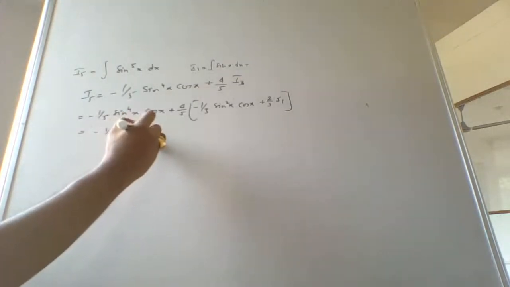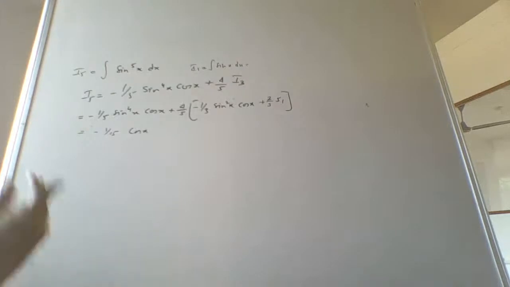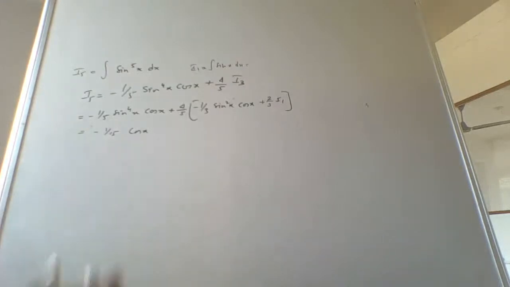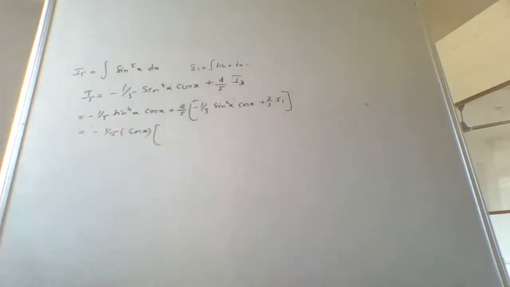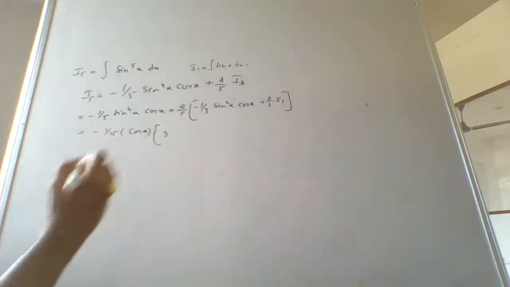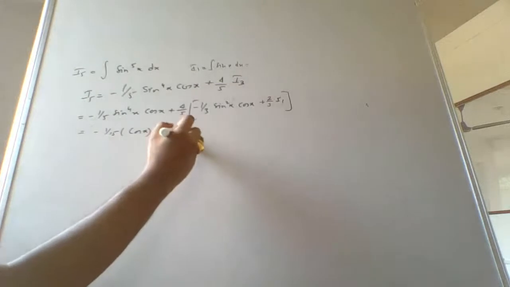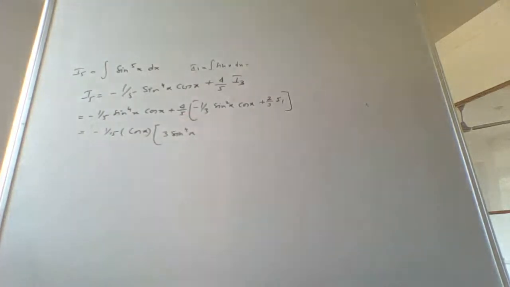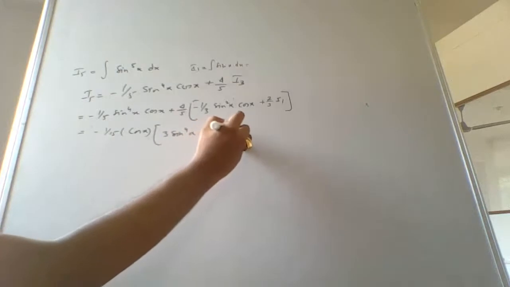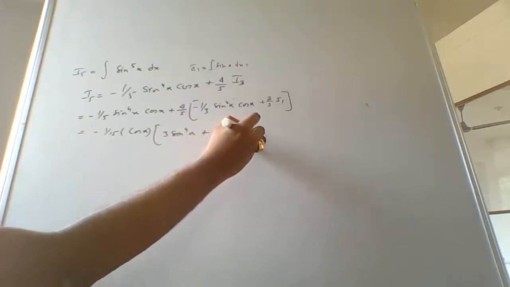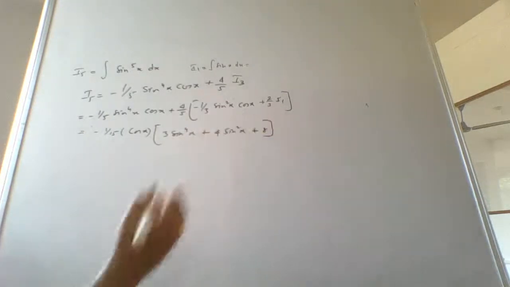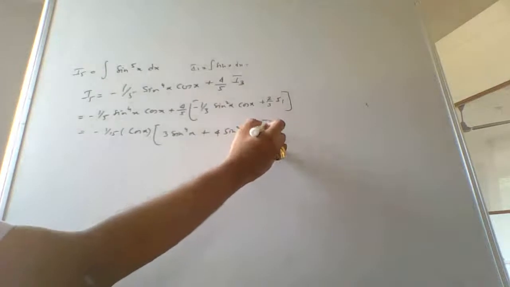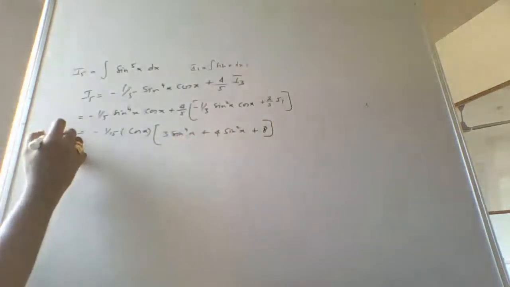I have cos x common throughout because the integration of sin x is minus cos x, so I can take cos x outside, multiplied with 3 sine power 4 x plus 4 sine square x plus 8. So this is the final result.